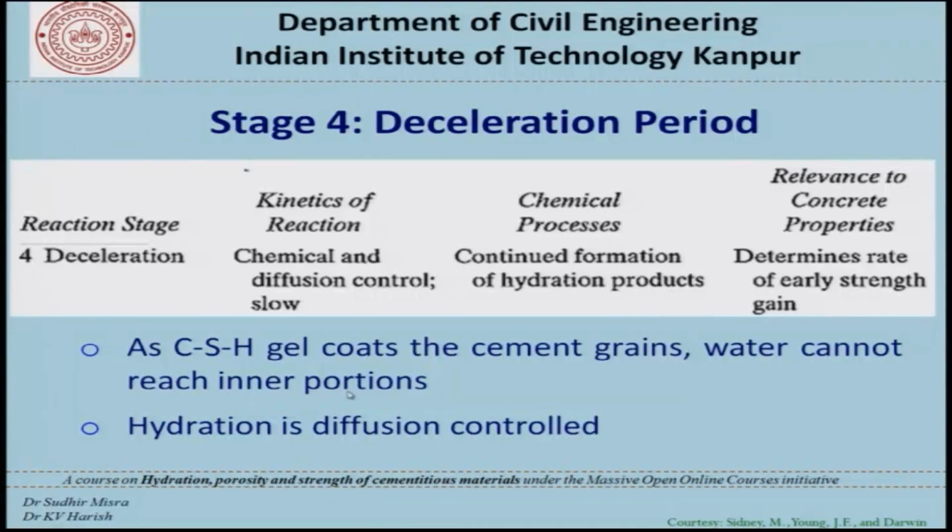Water cannot reach the inner portion, very important, and finally the hydration is going towards a diffusion controlled mode. With regard to the system's properties, this period determines the rate of early strength gain.